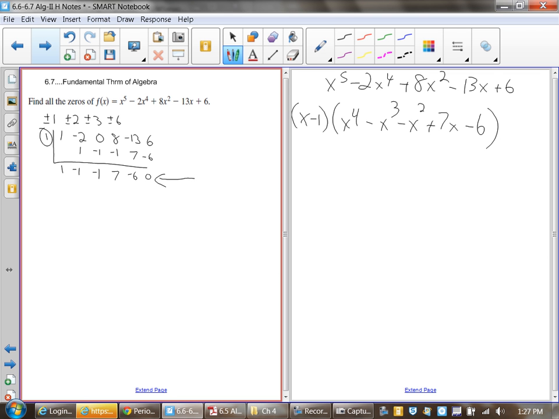Again, use synthetic division with all the possible zeros. It just so happens that the possible zeros are the same. Does the negative 6 change anything? No, it doesn't, because then you'd have a positive 1 and a negative 6, a negative 1 and a positive 6. It doesn't change anything. So you have to keep going. You just keep using synthetic division until you get to the quadratic, which you can factor.